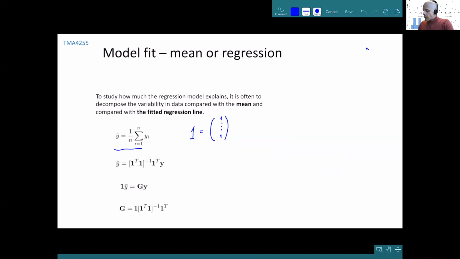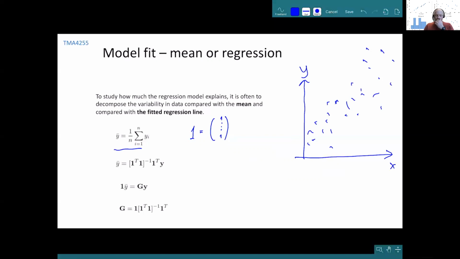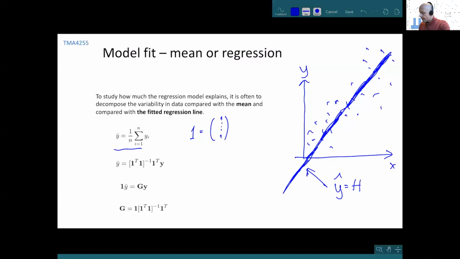So we have two ways of predicting here. X, Y, we have lots of data. A regression analysis would then fit a line like this. It's not a very straight line, but it's supposed to be a straight line. This is Y hat, which is then this matrix H times Y, projecting the Y into the line.